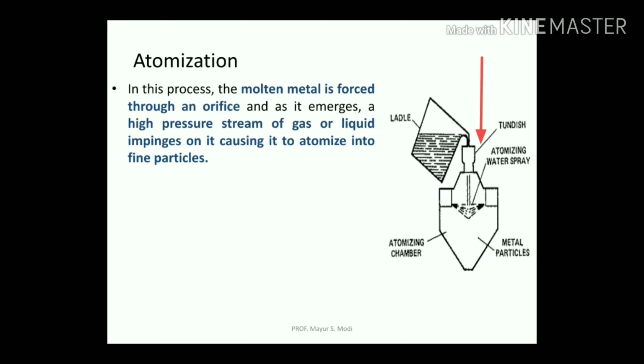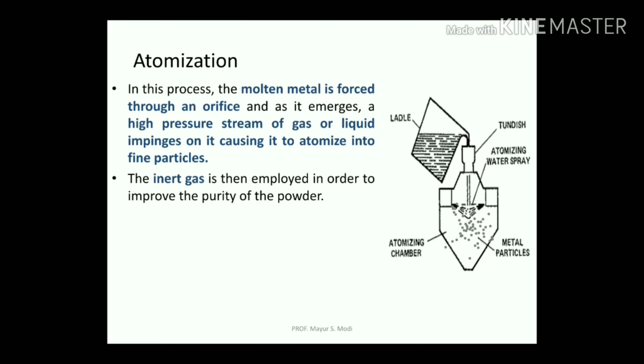In this process, the molten metal is forced through an orifice, and as it emerges, a high pressure stream of gas or liquid impinges on it, causing it to atomize into fine particles. As shown in the figure, an inert gas is employed in order to improve the purity of the powder.